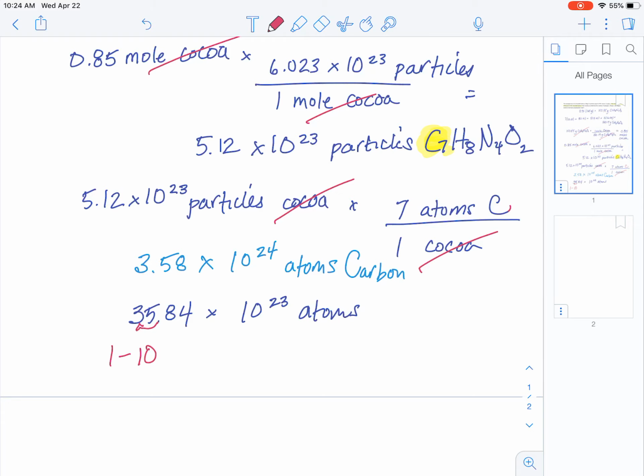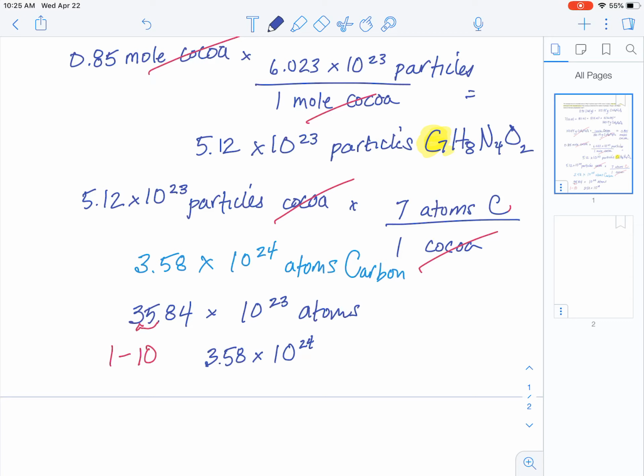So by moving that decimal from 35 to 3.5, we're changing the position of the decimal by 1 place, right? So what that means is that you need to add 1 to the exponent to account for that change.